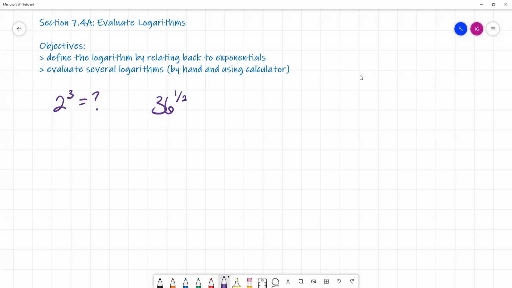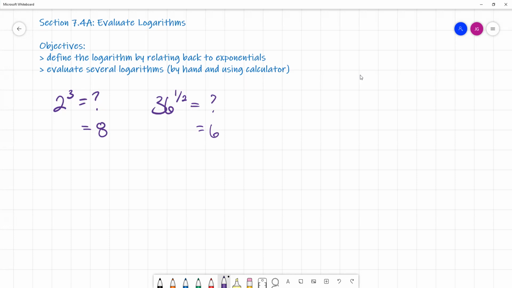Recently, with chapter 6, when we did our fractional exponents, what is that equal to? Hopefully by now you can answer most of those kinds of questions. 2 to the third is 8, and even if you don't know it, you can figure it out: 2 times 2 times 2. 36 to the 1/2 is 36 square rooted, so that is 6. That's all familiar territory.